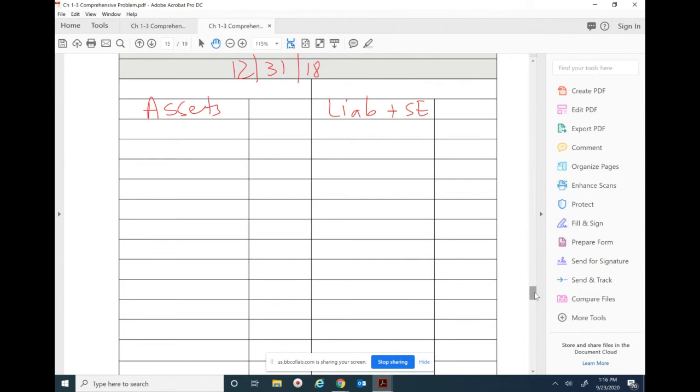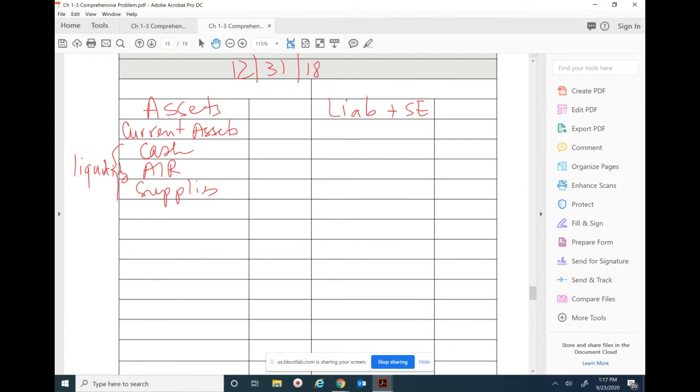From chapter 1 and chapter 2, you remember that we need to list the current assets first. And current assets in this case are cash, accounts receivable, supplies. Current assets are listed in the order of liquidity, and liquidity means how quickly we can turn them into cash.